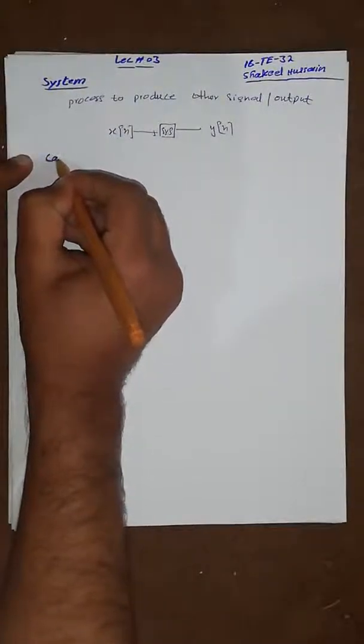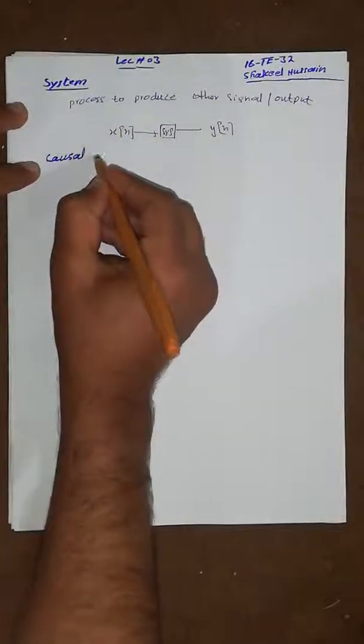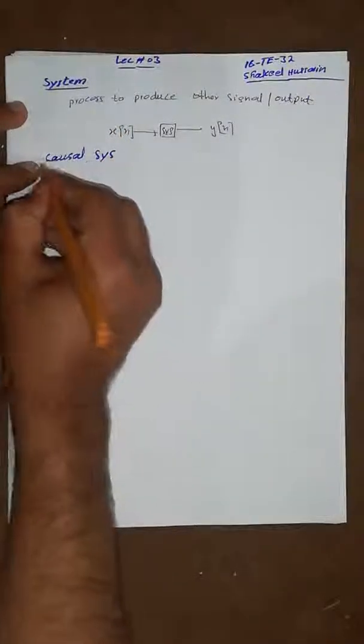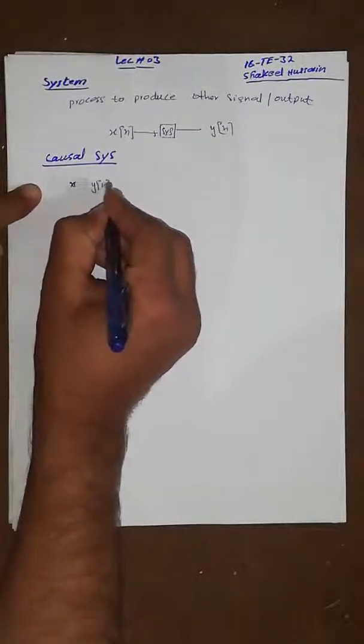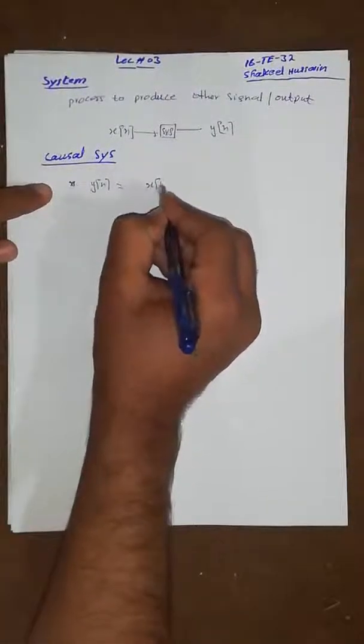First of all is the causal system. A causal system is basically a system which depends upon the current value of input and the previous value of input. Let's suppose x of n is the input and y of n is the output, which depends upon x of n.